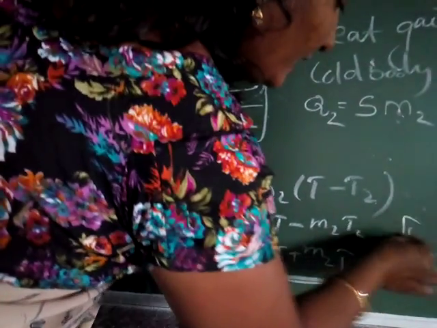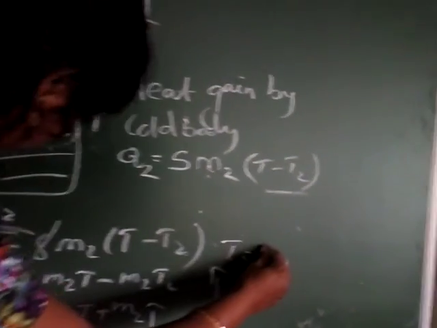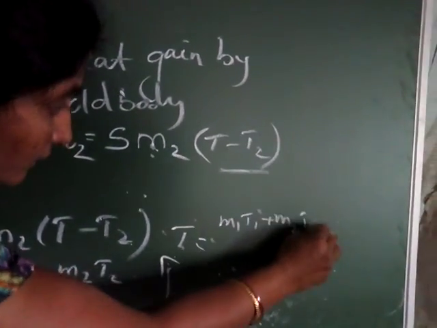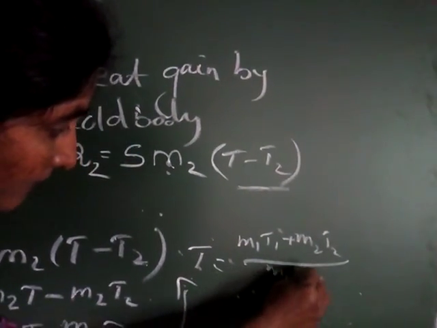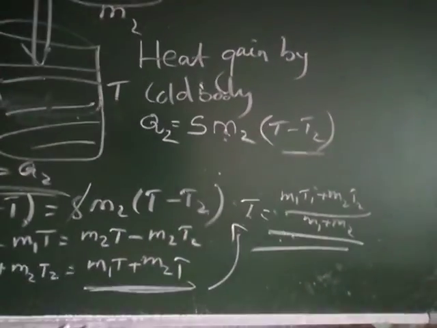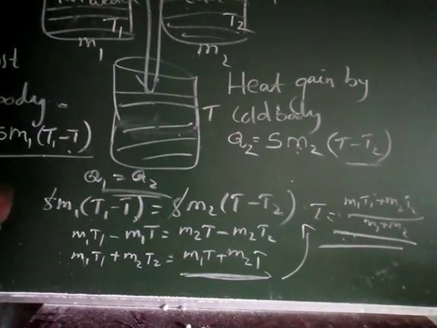That's why we can write T is equal to (M1 T1 plus M2 T2) by (M1 plus M2). You will get the final temperature of the mixture.